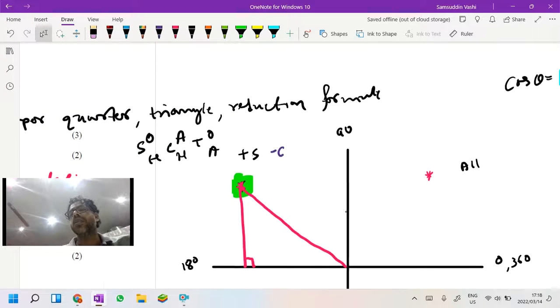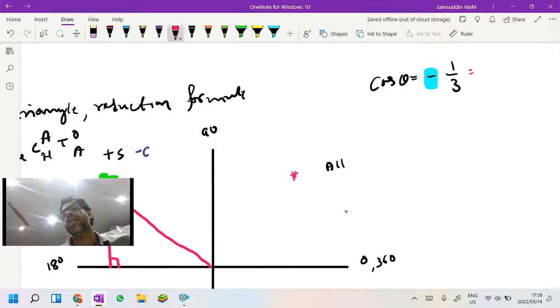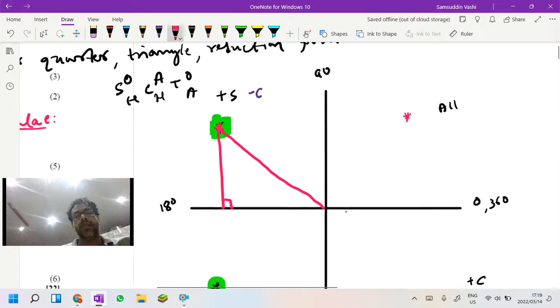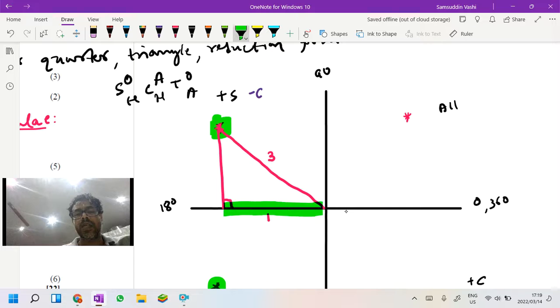Now when they give me cosine theta is negative 1/3, they are telling me it's adjacent over hypotenuse. So hypotenuse is 3, adjacent is 1. But in the second quarter, my x value is negative. So that negative sign belongs to the 1, the x value, adjacent. Then we are missing y.